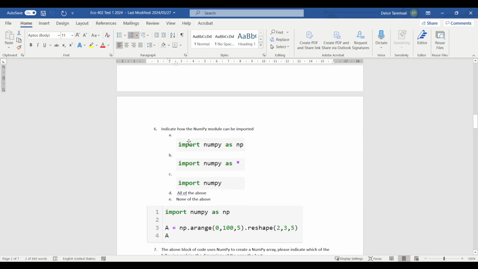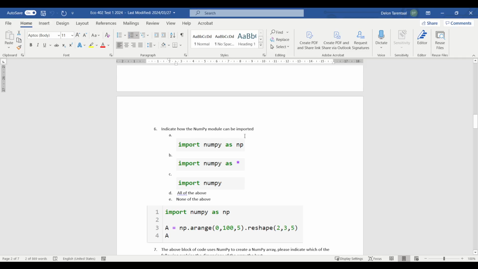Okay. Number 6. What's the answer? Yeah, it's D. It's all of the above.